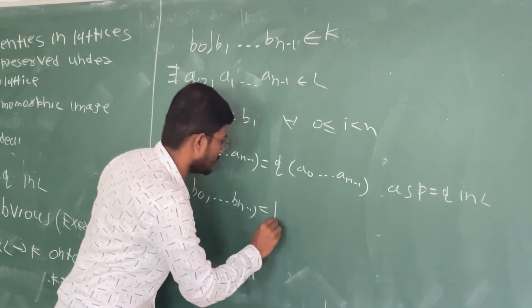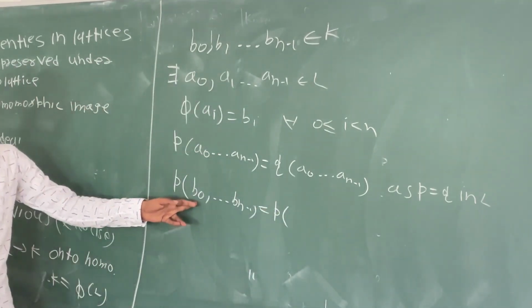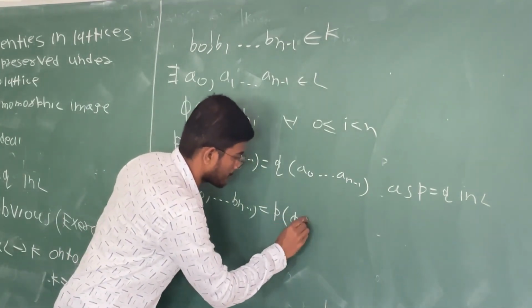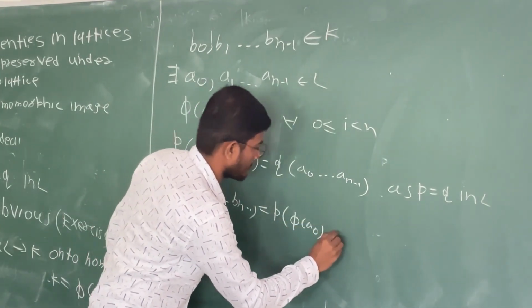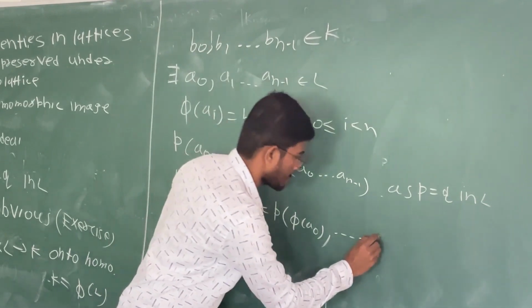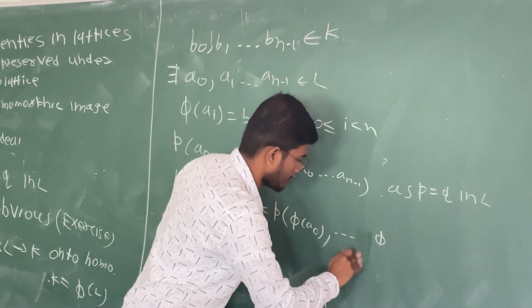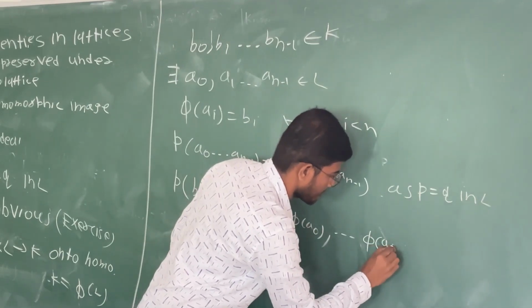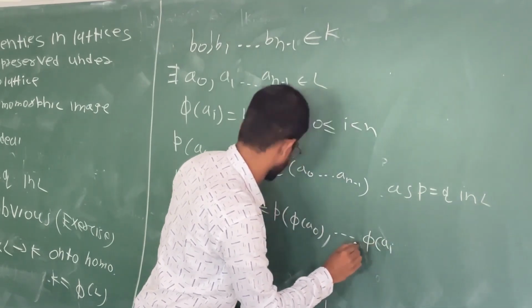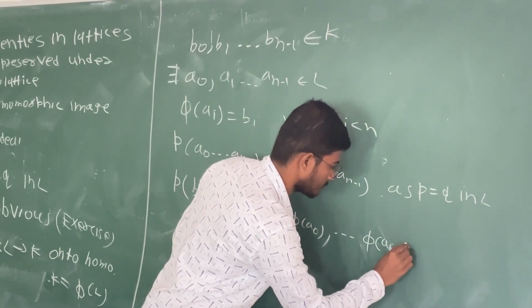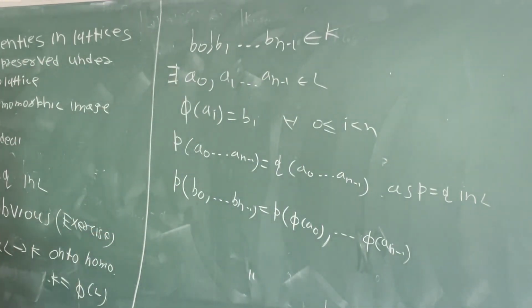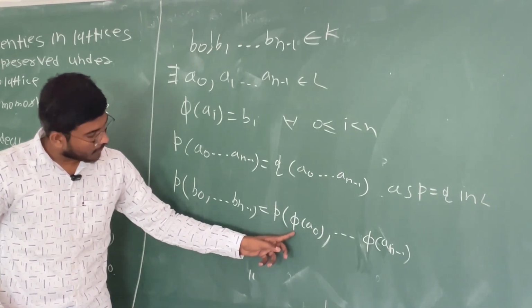So we will write here, B0 should be phi of A0. So we have this. Now here we can interchange this phi and P.